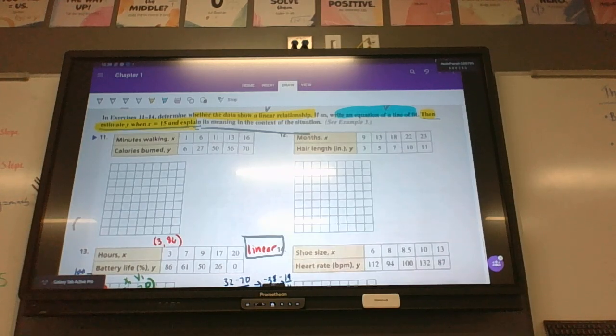Negative 4.58 times 15 plus 95.95. And I'm going to use a squiggle because I did round when I wrote my equation. So it's an estimate or an approximation. All right, I'm going to give you a minute to explain what this means. But what does it mean?